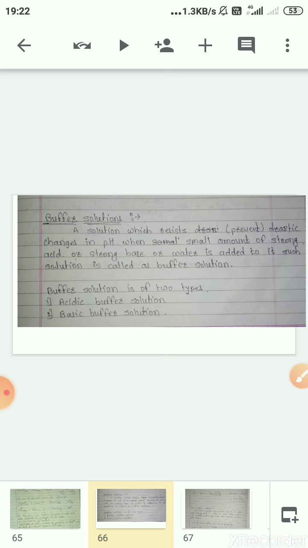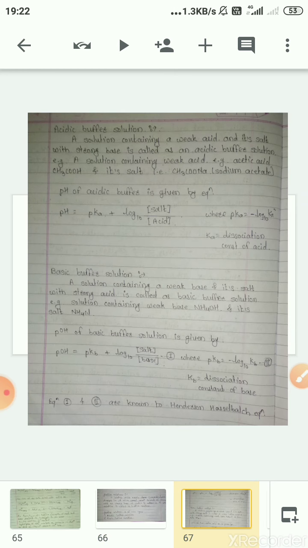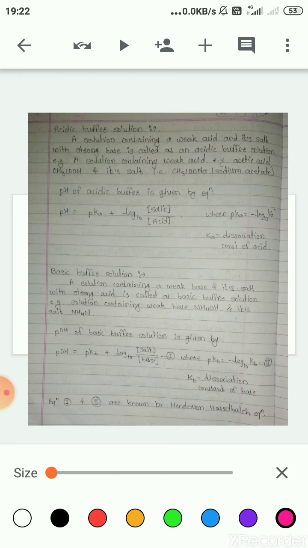Now see the definition of acidic buffer solution and basic buffer solution. A solution containing a weak acid and its salt with a strong base is called an acidic buffer solution. Now see the meaning of the definition.